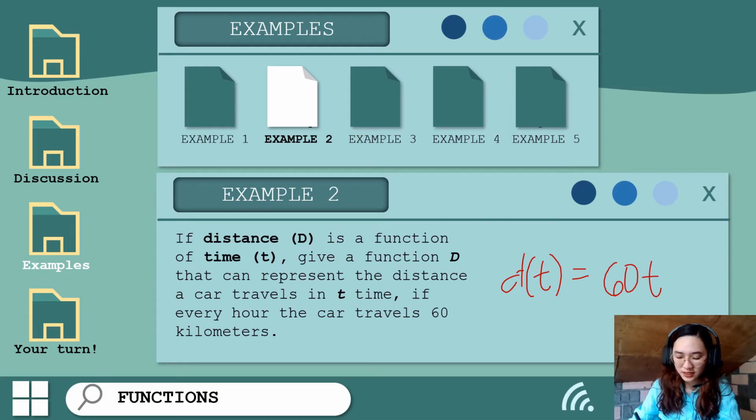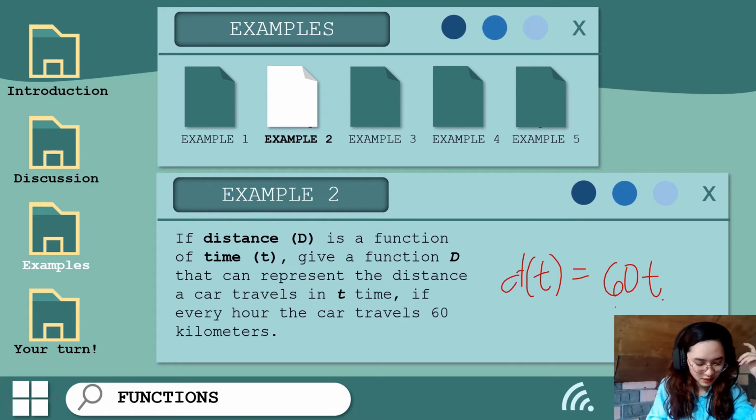So, multiply lang natin yung time in hours to 60 kilometers. Kaya, halimbawa, 3 hours yung biyahe niya, so the distance na na-travel niya is around 180 kilometers because 60 kilometers times 3 hours.